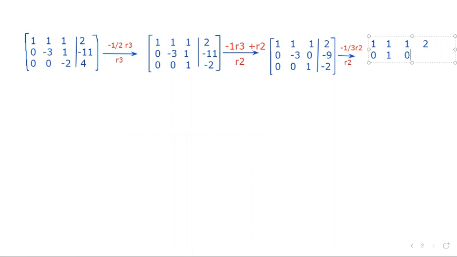Negative 1/3 times 0 gives us 0. And negative 1/3 times negative 9 gives us a 3. Then 0, 0, 1, and then a negative 2, okay? We can kind of see this problem starting to unlock for us a little bit. We're just taking our time.